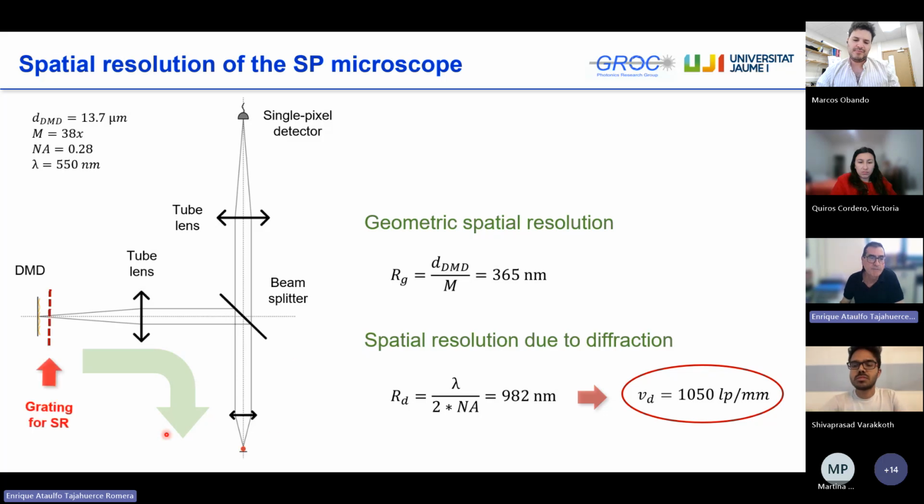And we can do this by adding a second grating here in front of the digital micromirror device. This grating will generate high frequencies from our Hadamard patterns that will go through the microscope objective.